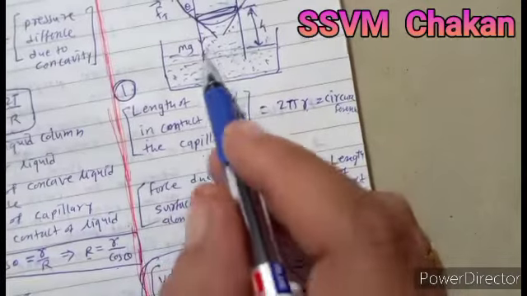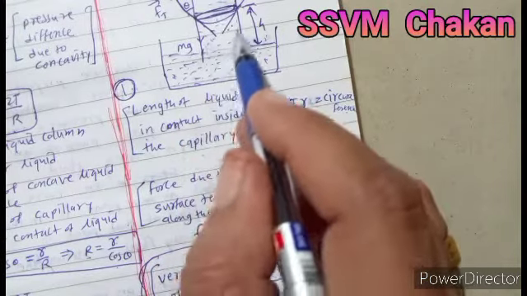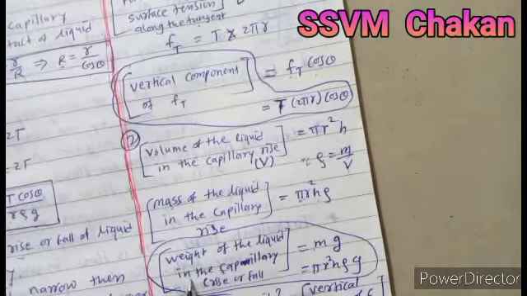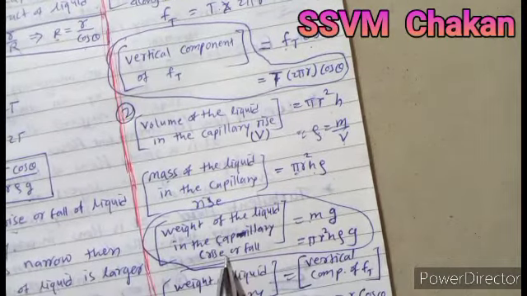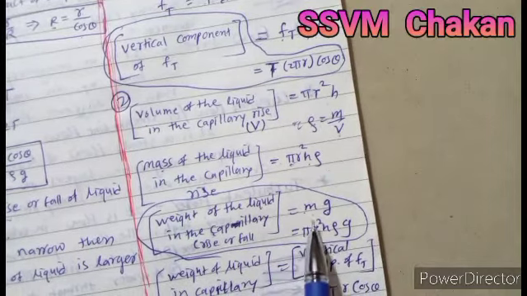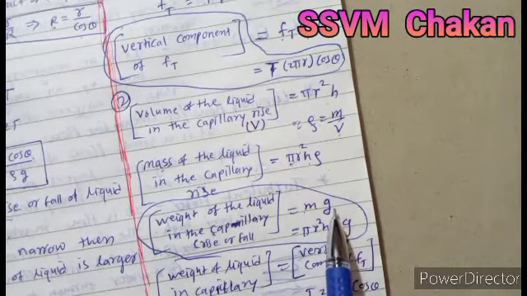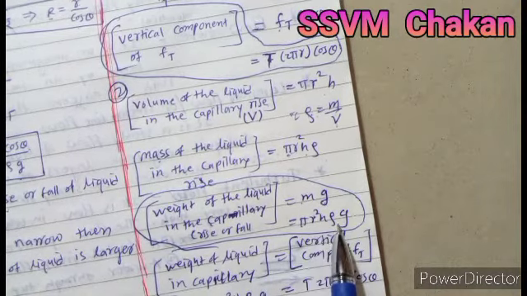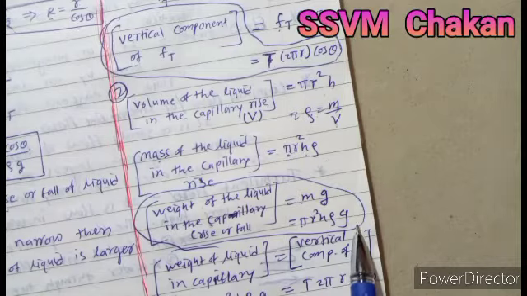This liquid applies the weight in the downward direction. So the weight of the liquid in the capillary rise or fall is equal to mass into acceleration due to gravity. Mass is pi r square h rho, into g.